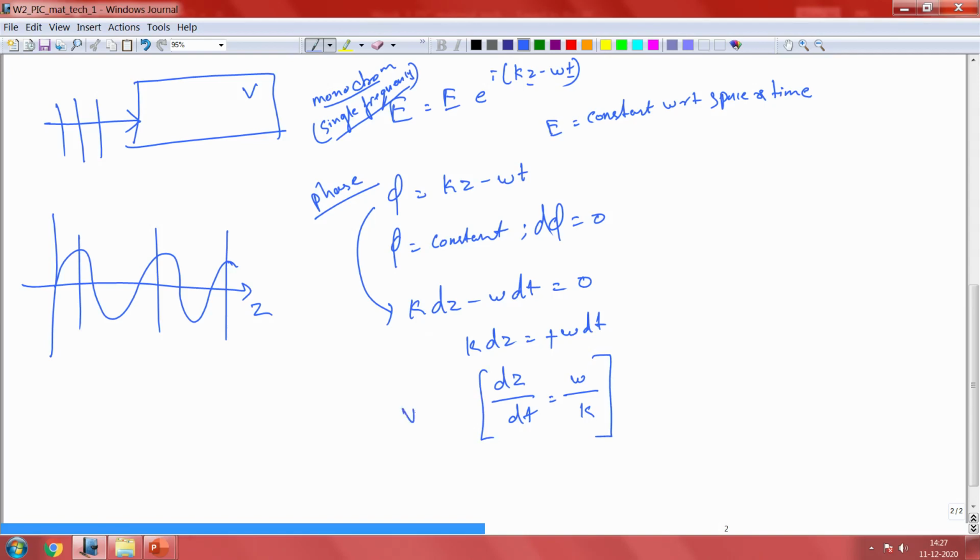So, this is nothing but the velocity of the wave. Specifically, we call this the phase velocity, V p, which is nothing but omega over k. So, this is an important relation, all right.